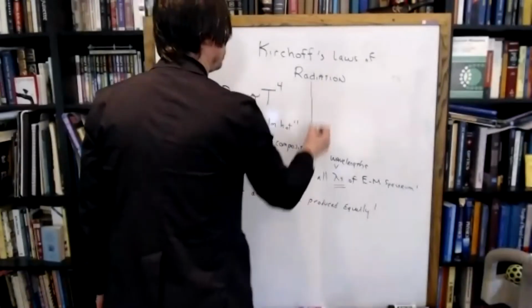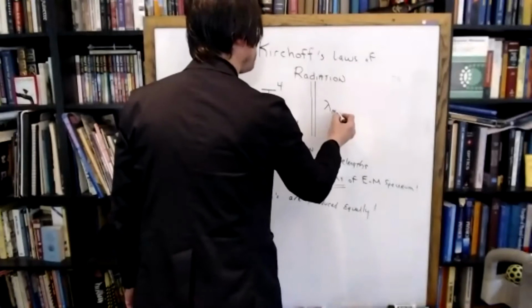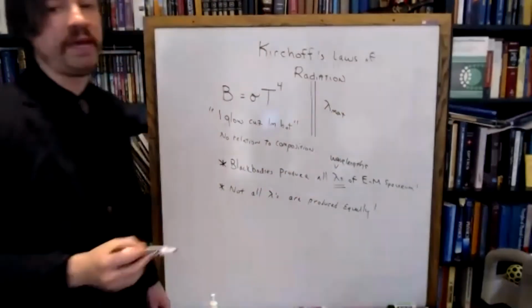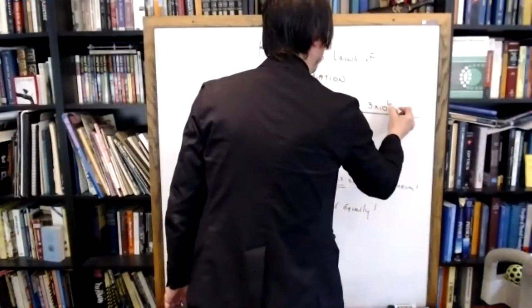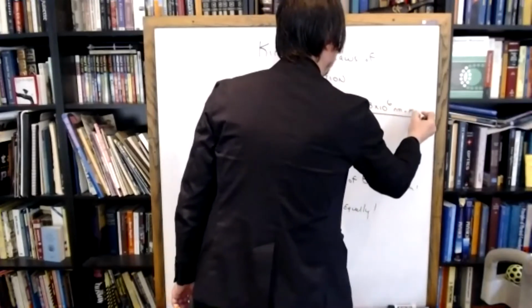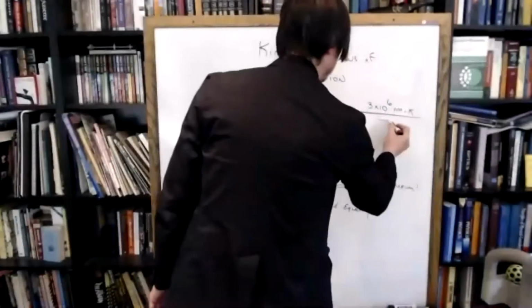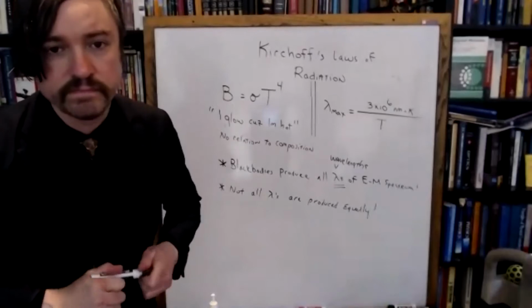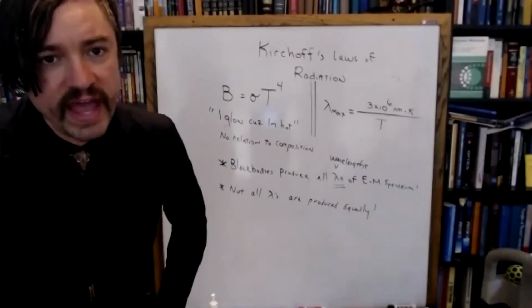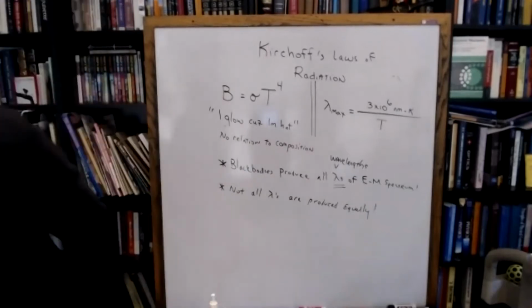And that was the basis of our second formula, called Wien's law, which tells us that the peak wavelength of emission is calculable using the simple formula 3 million nanometers times kelvins divided by the temperature T. And that's everything we need to know about black bodies to study planets and stars.